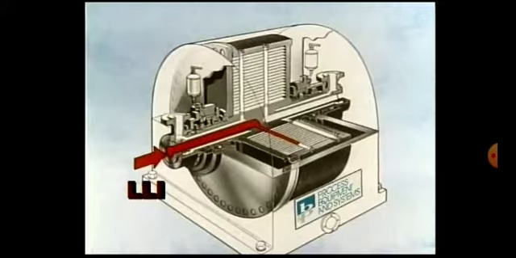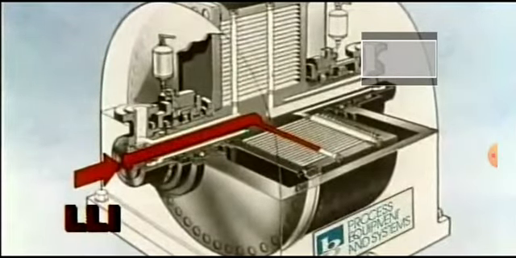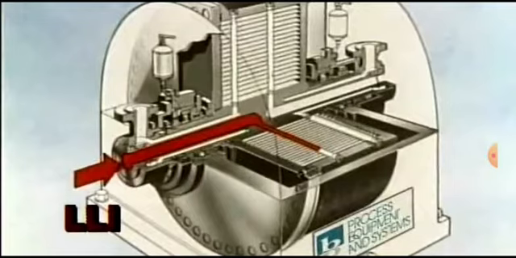You can see that the light liquid inlet is at the center of this rotor. As we have seen in case of tubular bowl centrifuge, the light liquid phase will remain in the center, and the heavy liquid phase will be along the wall of the rotor.